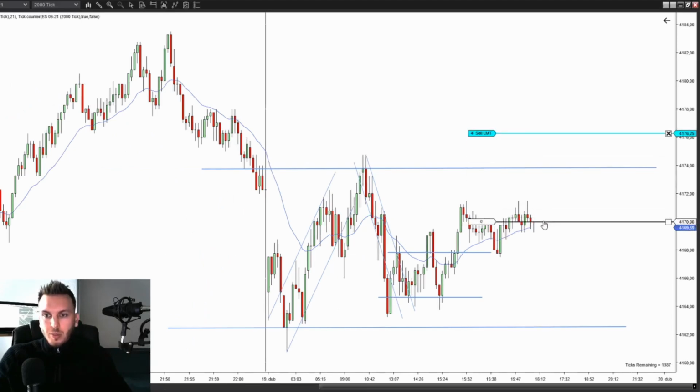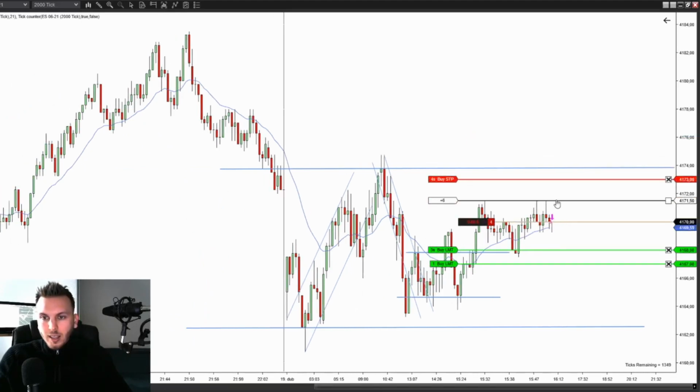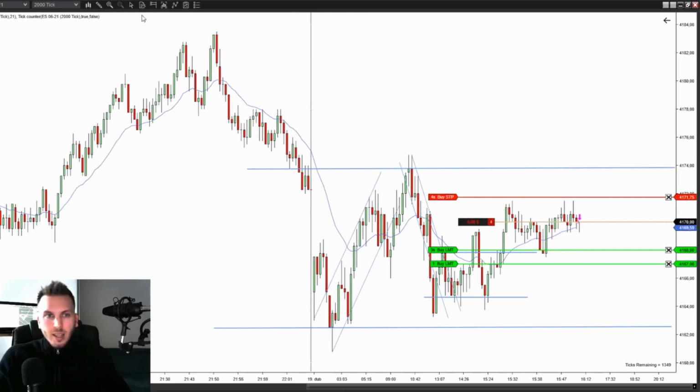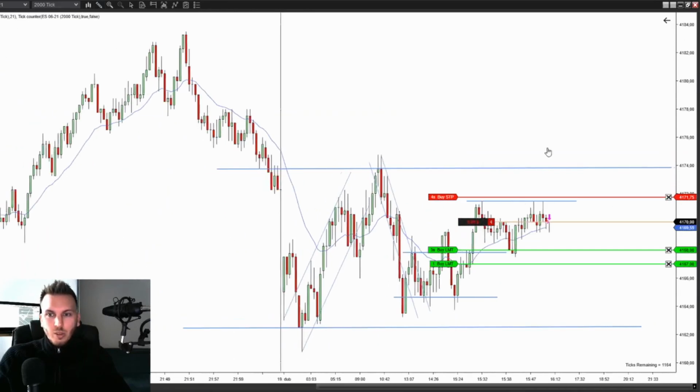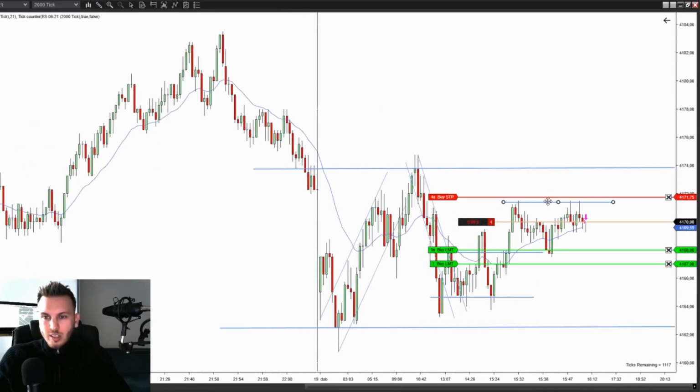All right, so I'm about to put my limit order in the market. There is this resistance forming, and I get the feeling that the resistance of the range may be slightly lower.